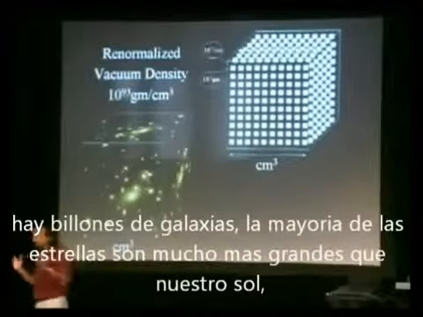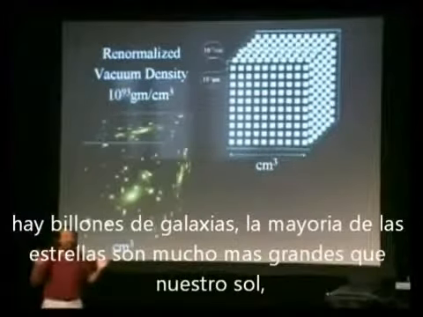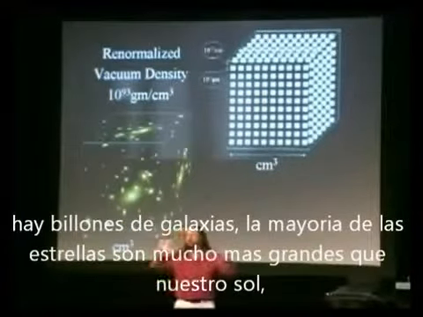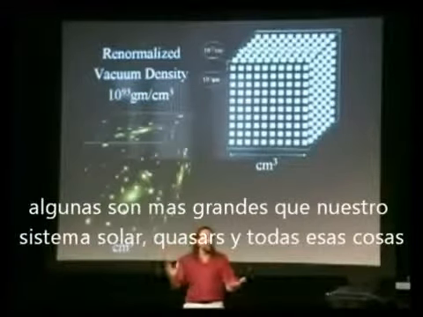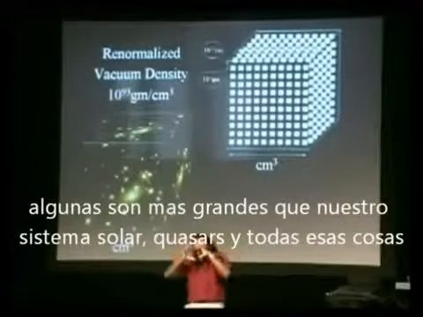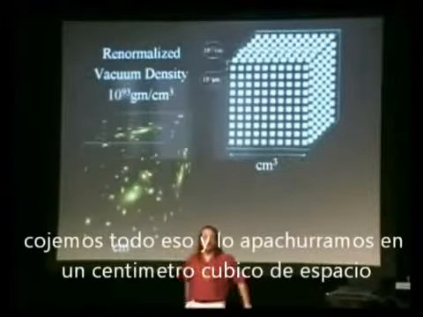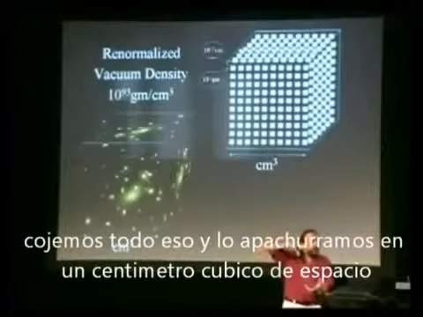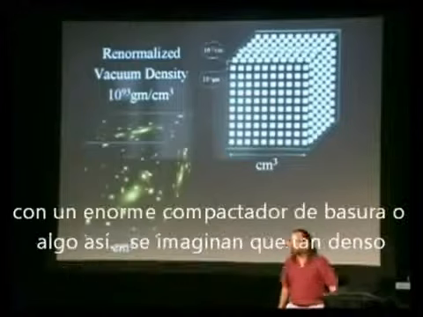There's billions of galaxies. Most stars are much larger than our sun. Some of them are larger than our solar system. And we grab those, like quasars and stuff, and we grab all that stuff. We squash it all into a centimeter cube of space with a huge trash compactor or something.